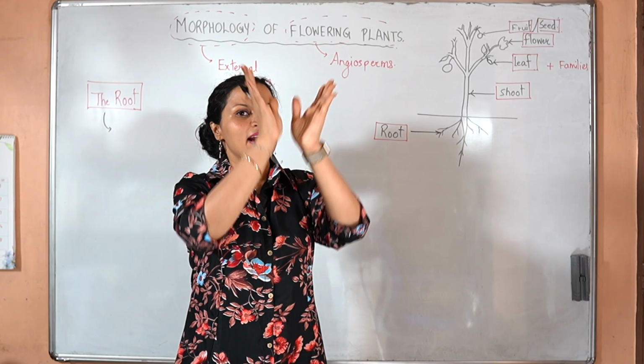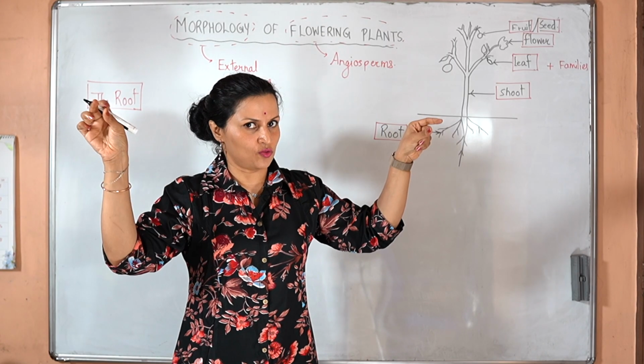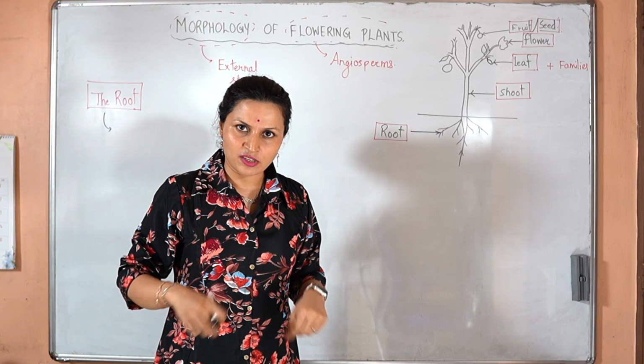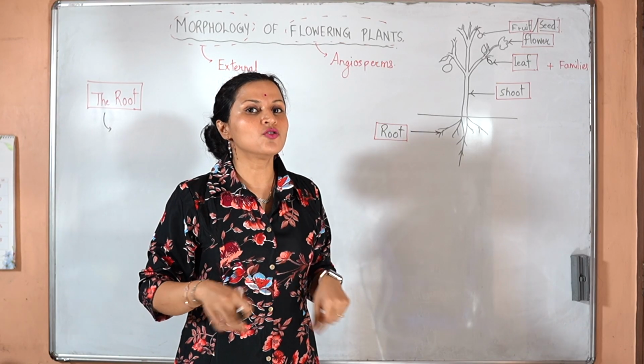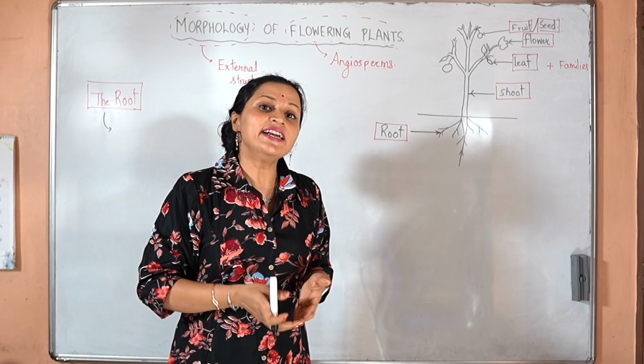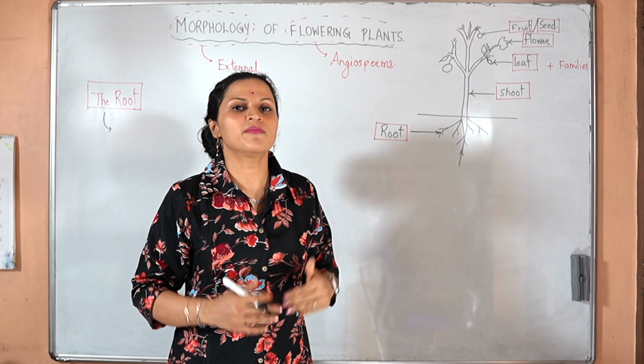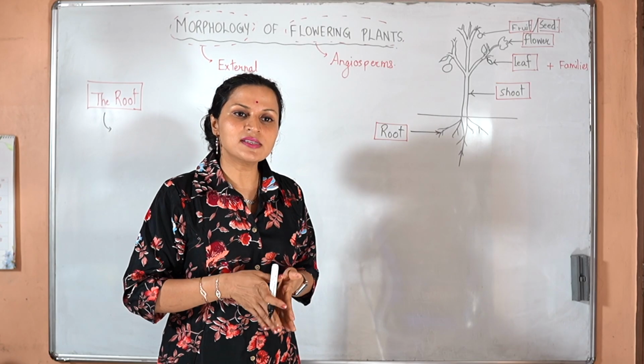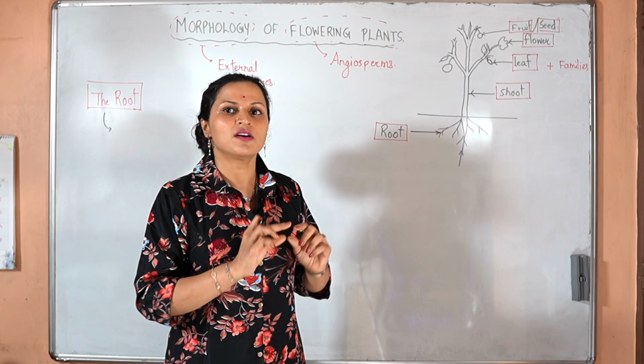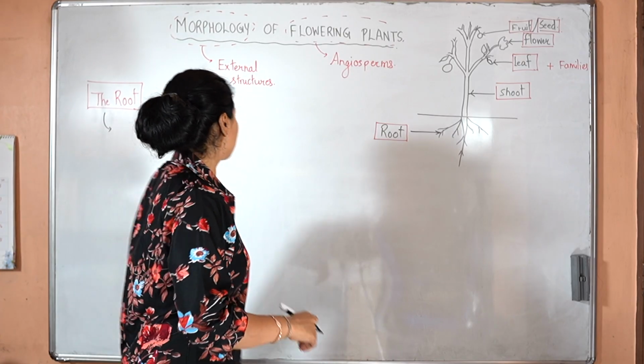The shoot bears lateral branches arising from the nodes. The root also has lateral branches, but they do not arise from the nodes. They arise from the very internal part of the root, unlike the shoot. The lateral branches of the root arise from deep inside the root, not from the nodes as in the stem. So let us write down these points.